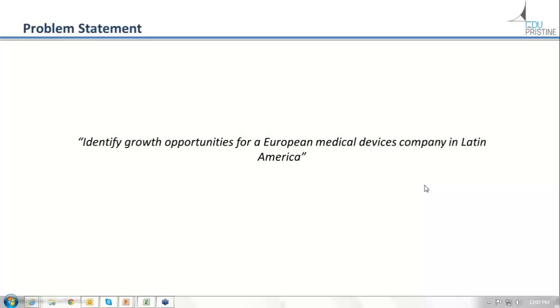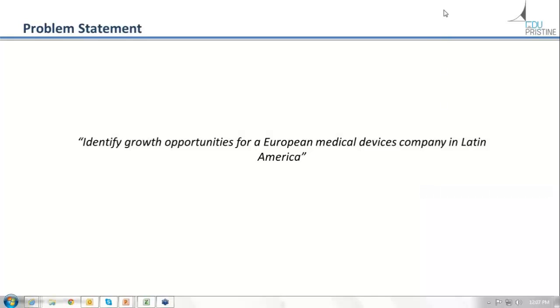The other interesting thing was that they had part of their team, some people actually based in Latin America, but they wanted an external consulting company to come in, evaluate what they already knew, bring additional information and insights, and finally give their recommendations about the right choices to make in terms of growing the business.